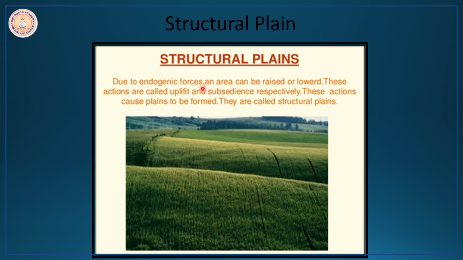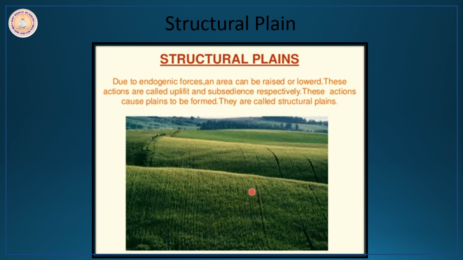And these endogenic forces can lead to raising or lowering of the area. You can see over here, this is a photograph of a structural plain. It has raised the land somewhere and it has also lowered the land. These actions are called upliftment and subsidence respectively. These actions can cause the plains to be formed and they are known as structural plains.